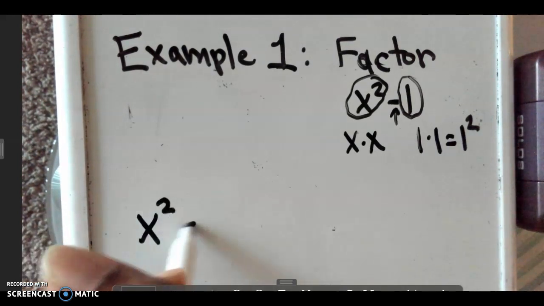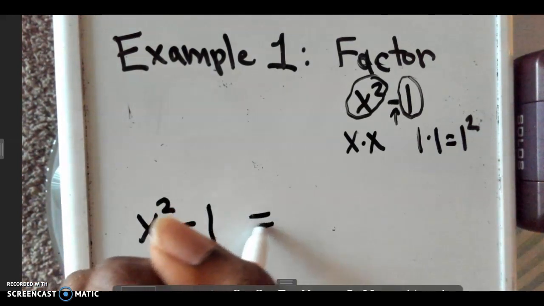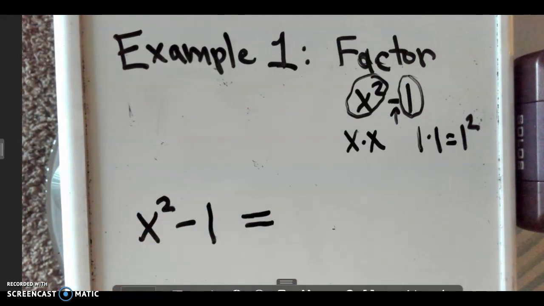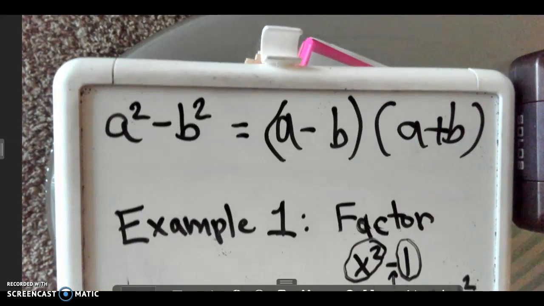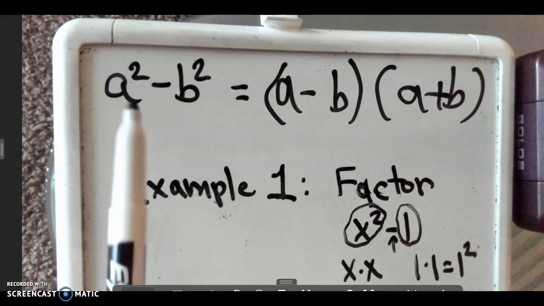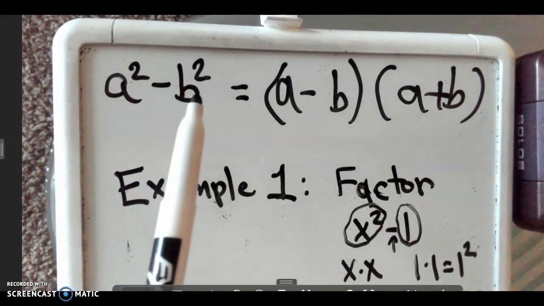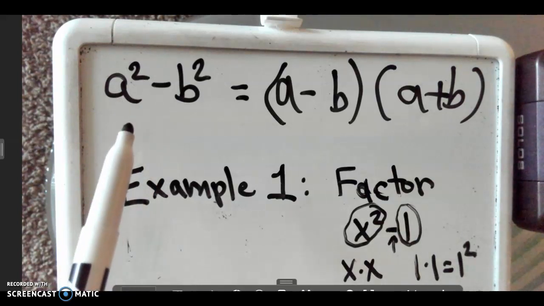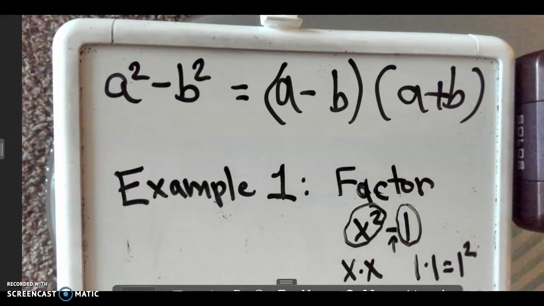So I'm going to write out the formula starting with the original expression, x squared minus 1 equals. Then secondly, we're looking for a pattern, because in the formula we have a squared minus b squared. So we need to find out what's going to represent our a squared in our problem.